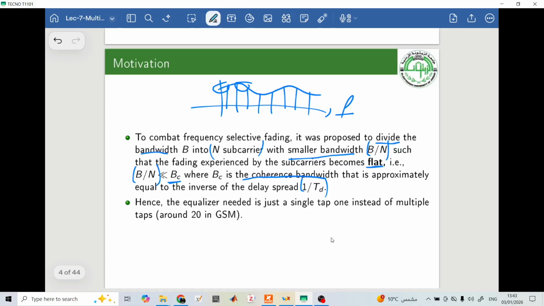For example, in the GSM systems, the equalizer has 20 taps, and in GSM we have a bandwidth of 200 kilohertz, in comparison to 3G, which is around 5 megahertz, and in 4G it's around 10 megabits per second or maybe more.